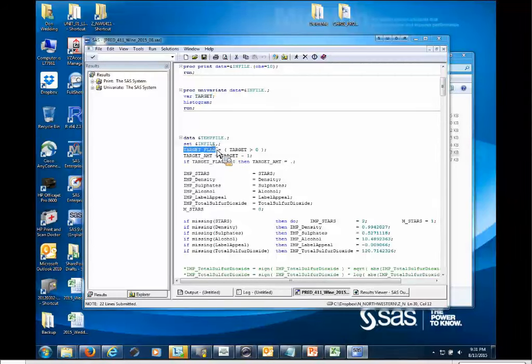This one here, target flag: what it's doing is simply saying, did the guy buy any wine at all? If he bought 5 bottles, it's a 1. If he bought 1 bottle, it's a 1. It's just a flag, a 1 or a 0. If he bought no wine, it's a 0.